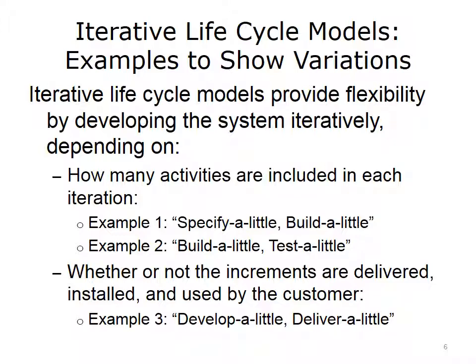We are just trying to show some of the variety of activities to drive home the picture of what iterative models look like. The first 2 examples show how different activities are included in each iteration for each loop in the process, and the third example shows how the increments or iterative systems that are being built are actually installed and used by the customer.